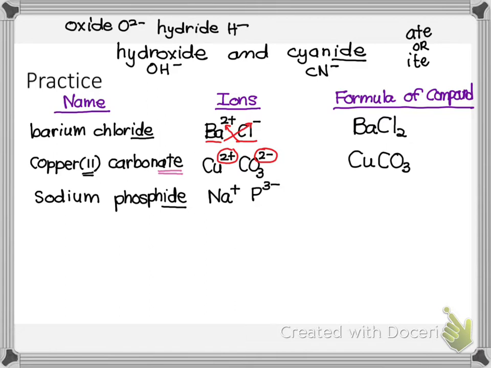So if I do the crossover, because they're not the same, sodium, you're going to need 3 of them, because phosphide has a 3 charge. So to balance it, I'm going to need 3 sodiums. And then the phosphorus, sodium only has a 1, so it only takes 1 phosphorus.